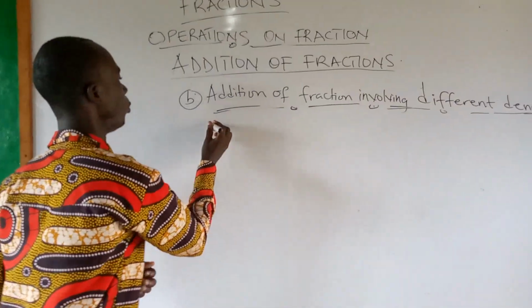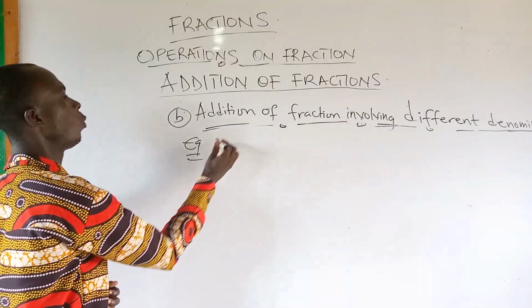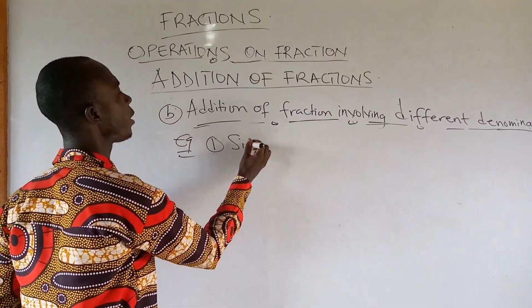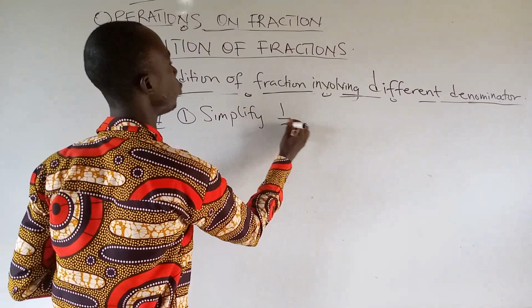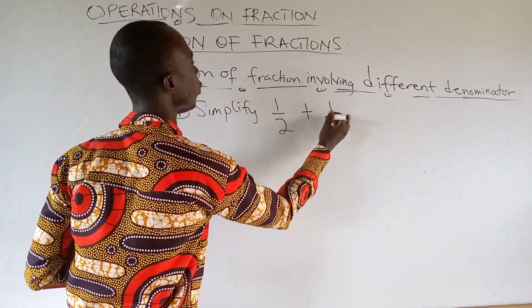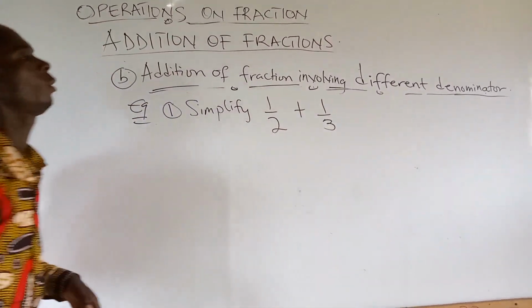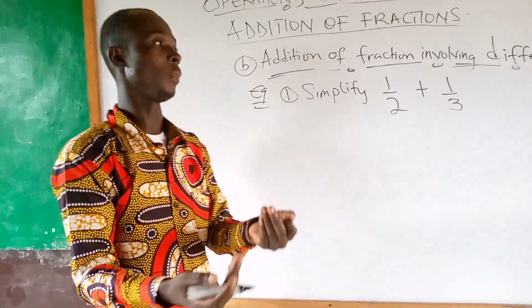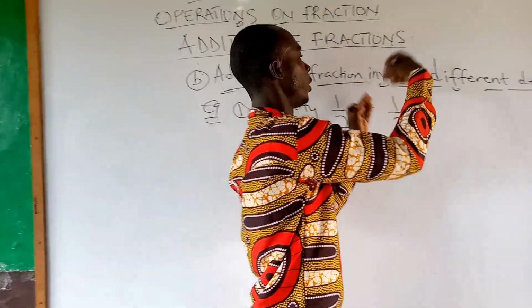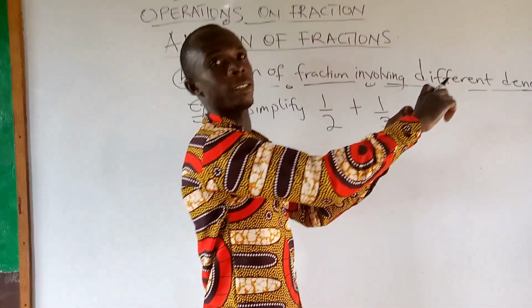So example 1. Simplify 1 over 2 plus 1 over 3. 1 over 2 plus what? 1 over 3. They can give you about 3 fractions.